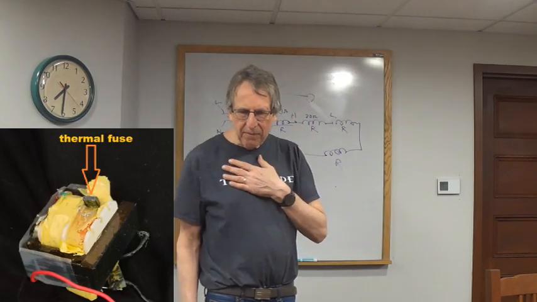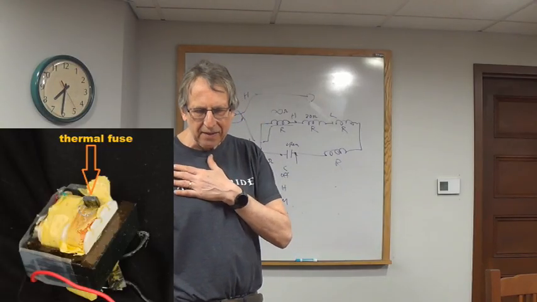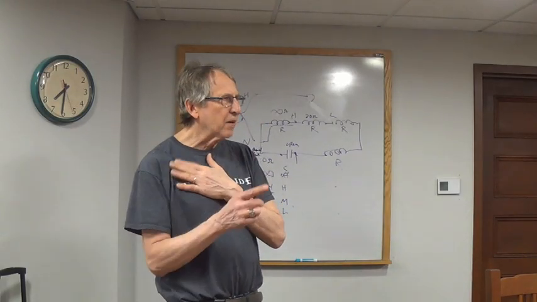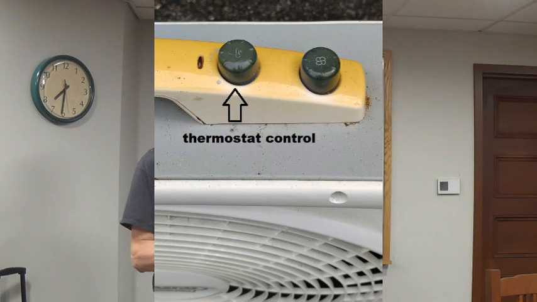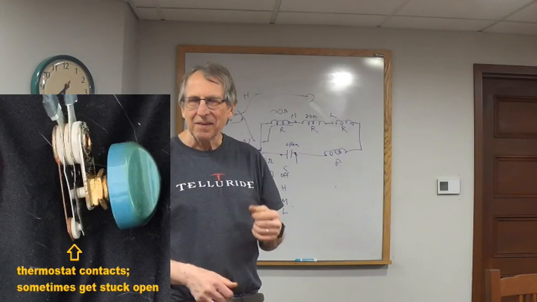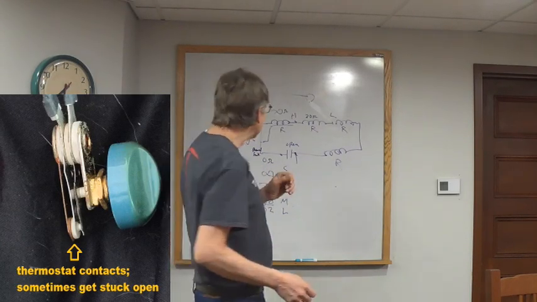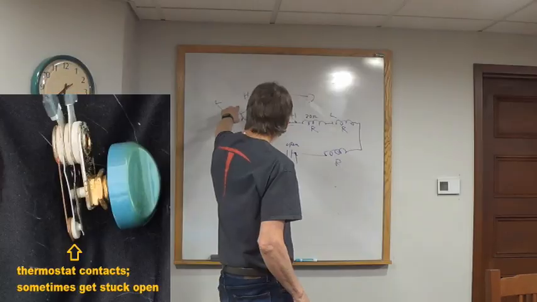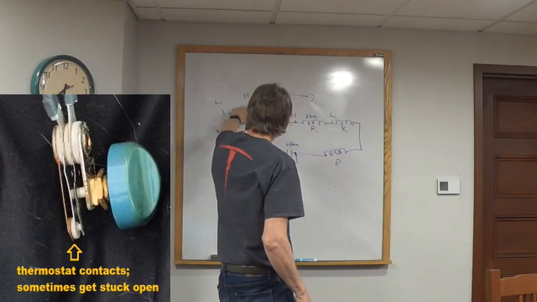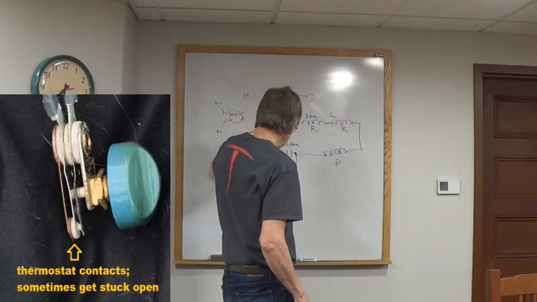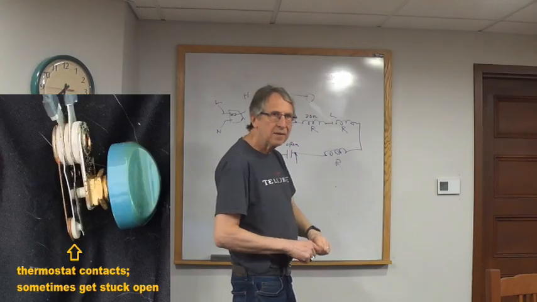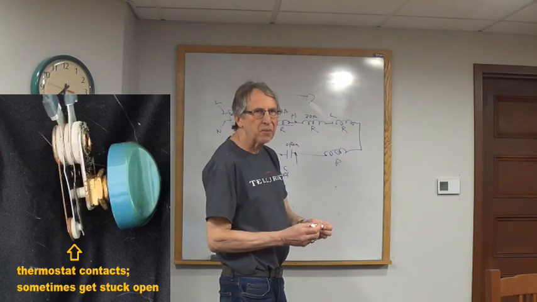All righty. Another thing that can look like a blown thermal fuse is that some fans have a thermostat, and sometimes that thermostat gets stuck open. It's typically not a speed switch, it's just a temperature dependent switch.